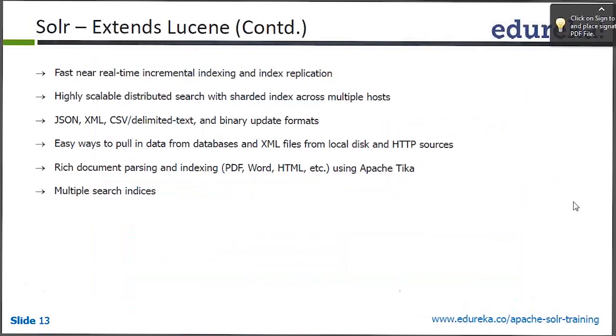Other than JSON, XML, and CSV, you can also directly get a few language formats like PHP or Ruby as the response from your Solr server. You can also import a lot of rich content, and you can have a lot of plugins as well.